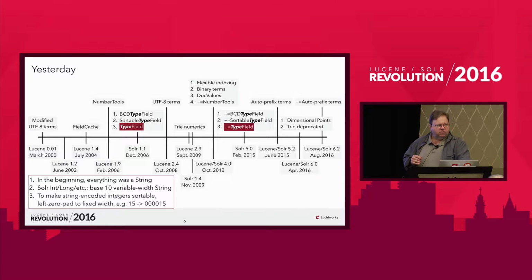The standard advice that was given to people using Lucene was if you wanted to be able to sort numbers that were encoded as strings, you just left zero pad them to a fixed width.